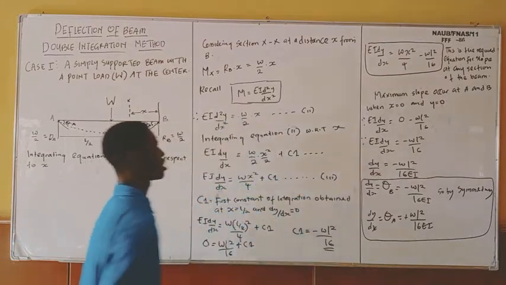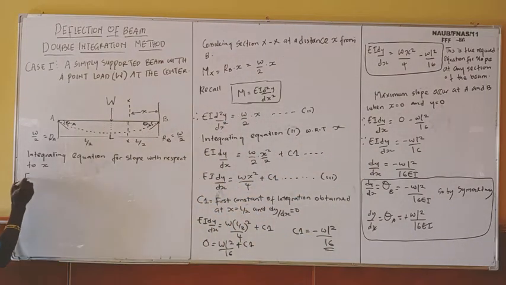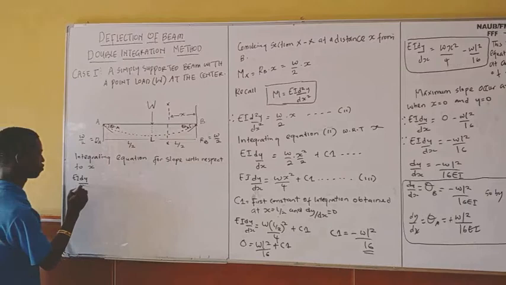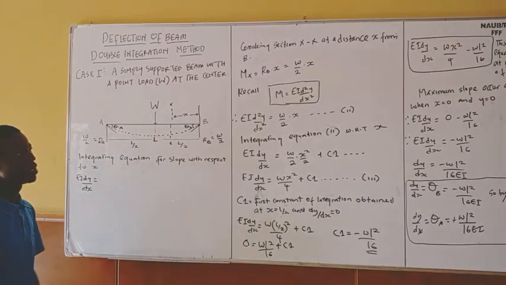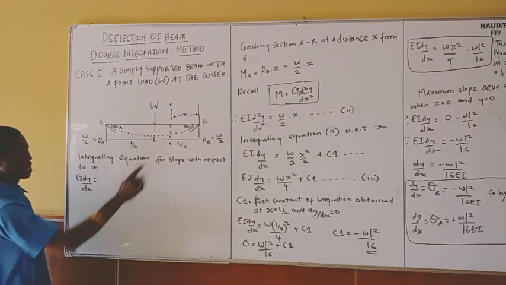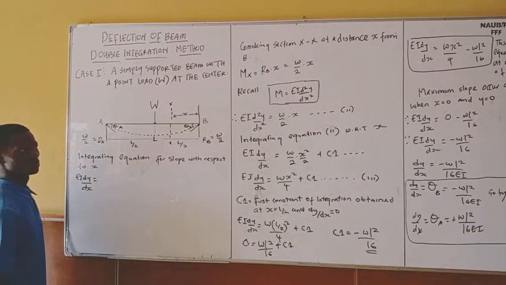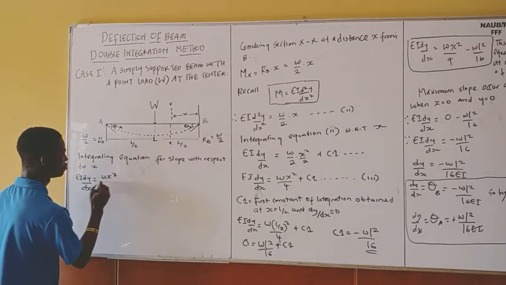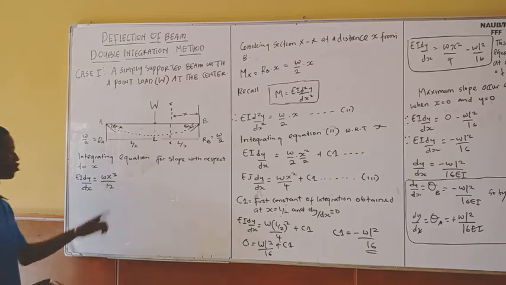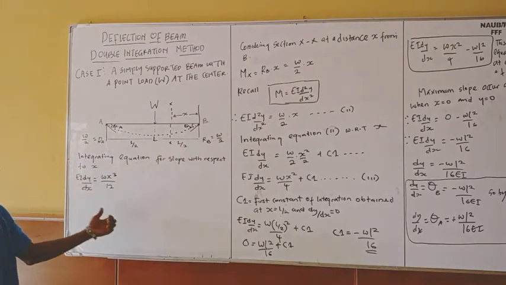we are going to have EI dy/dx equals to, when you integrate wx square over 4, you know that our power there is square. We are going to add 1 to it, then divide by the new power. Then we are going to have wx cube over 12, because 3 times 4 is going to give us 12.